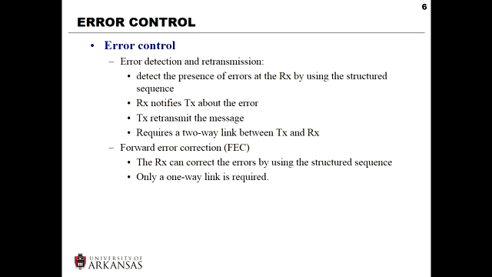In this case, for the forward error correction, we will need a much more complicated coding scheme compared to the error detection coding schemes used in the upper layers. In many practical communication systems, for error detection and retransmission, we use a code called cyclic redundancy check, the CRC code.